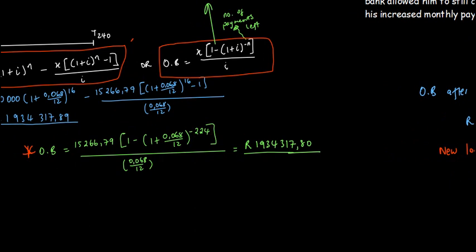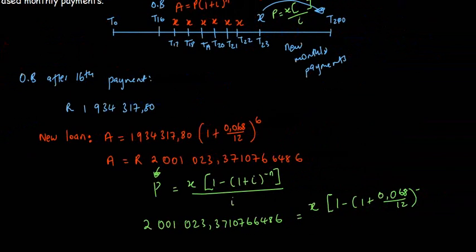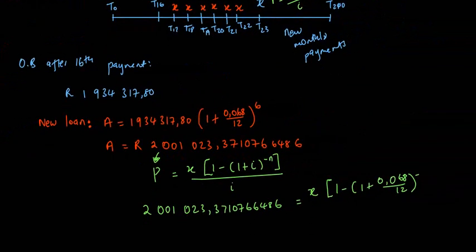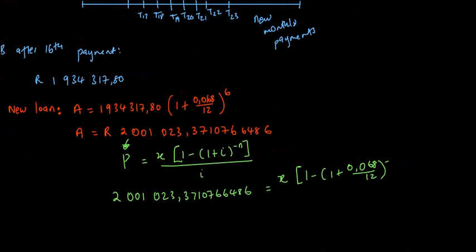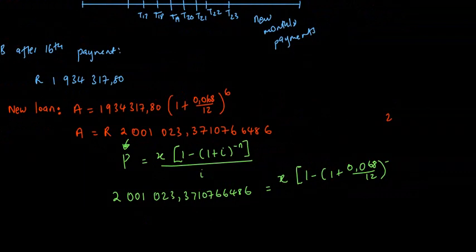Since it was 224 payments that were left, how many were missed? 6 were missed. So the ones that are left now will be 224 minus the 6 that were missed, which is going to give you 218, just like Mr. Liema said. Very nice.